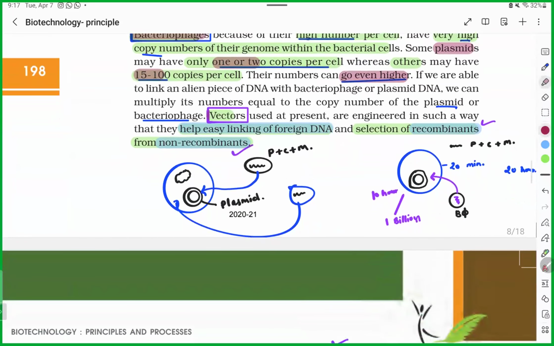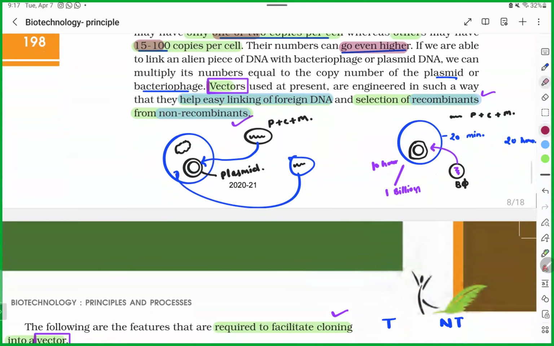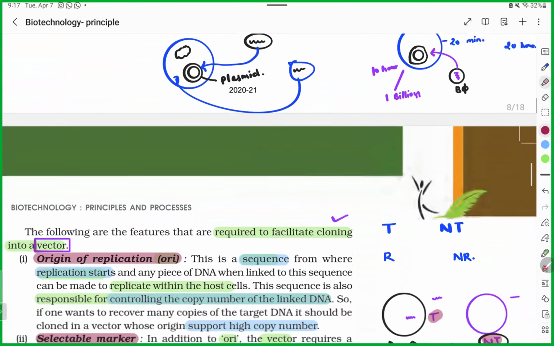So what should be the property of this bacteriophage, plasmid or any other vector? We should be easily able to link our DNA to the vector, and it should be able to tell us whether we are attaching our DNA at the right place or not, recombinant and non-recombinant. Easy to link and to check whether we are doing the right process or not. Right process is recombinant, wrong process is non-recombinant.